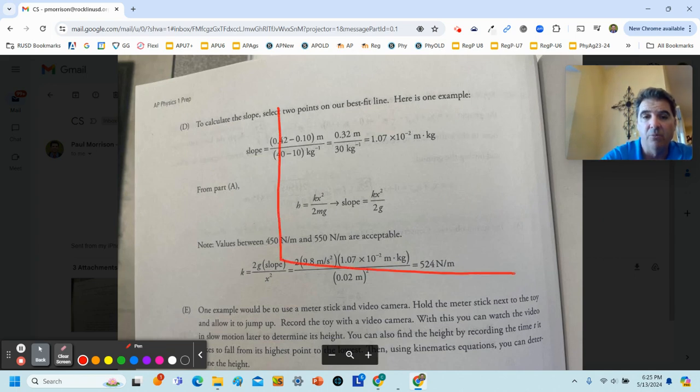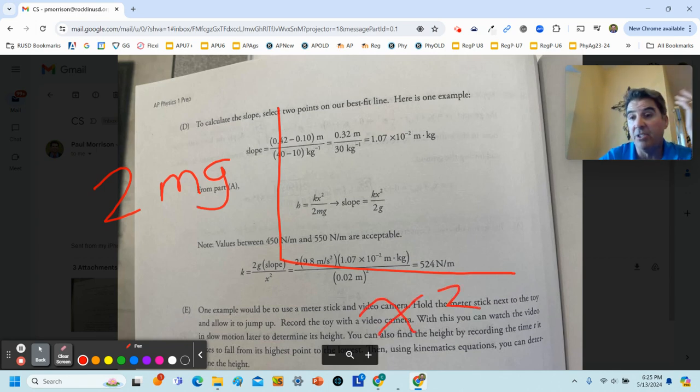You were trying to solve for k, and I can't remember exactly what you were doing, but something like 2mg over x squared, which makes total sense because you were trying to look for that slope there. But it was a little more difficult the way they answered it, and given the values that they had.